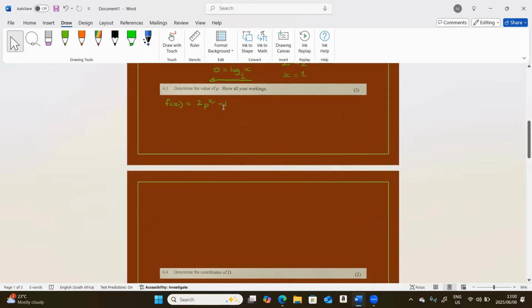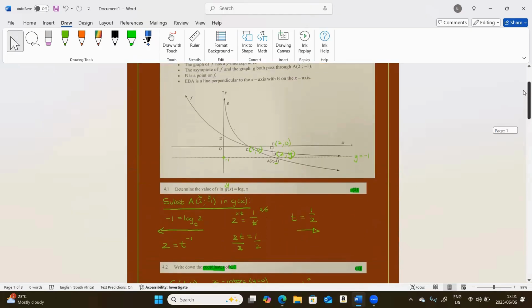So we go and replace that first. Okay, so always go and put in your asymptote first into your equation, and then you can go and solve for P. Now to solve for P, because P is now the only unknown in this equation, we can substitute a coordinate on F, which will give me a y value and an x value, and then P would basically be the only unknown.